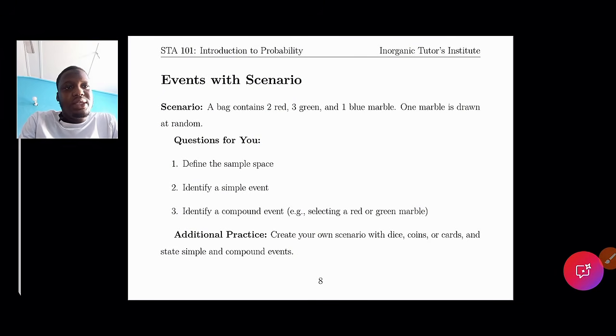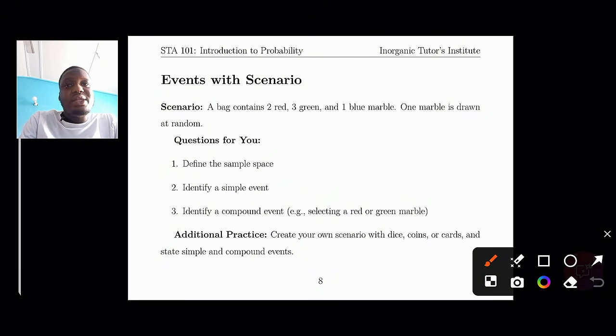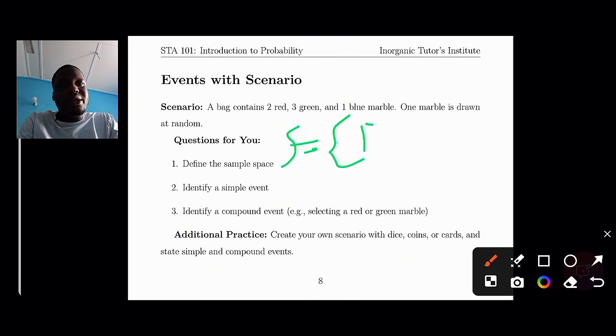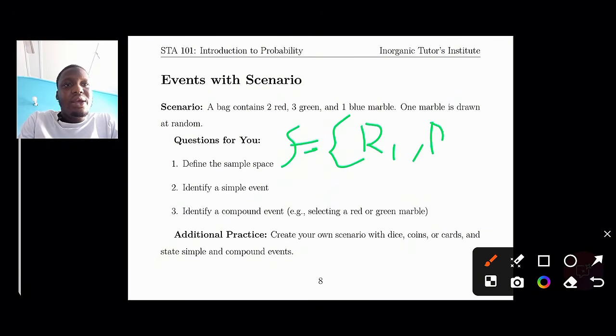I would list them, but you should take note that we will treat each marble separately. If you write red, you need to specify which of the red marbles. So we have R1 to denote the first red marble, then R2 to denote the second marble.